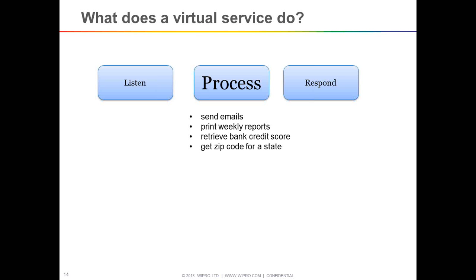You call a web service, and you need to pay for getting the zip code for various states. So now you need to process, and then you need to respond as well. All these three are now your responsibility and accountability as a software testing engineer if you adopt service virtualization. So this is how I can simply define the virtual service.